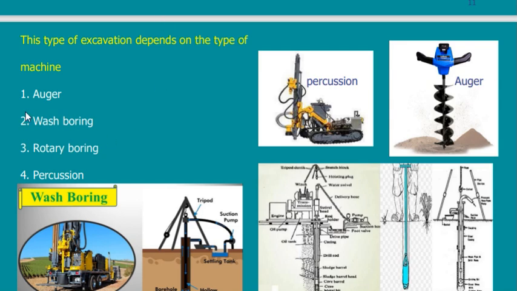What you need to know about this wash boring is that we use it to drill only, but not to take samples. Why? Because if you take samples that is washed, it means that water has already washed the samples, which means that it has already taken all the fine particles from the soil and taken it away.